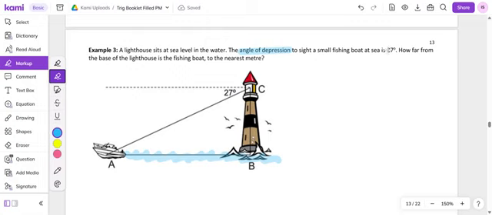So what is important here is to say that the angle of depression is 27 degrees. How far from the base of the lighthouse is the fishing boat? So how far is the fishing boat to the nearest meter?